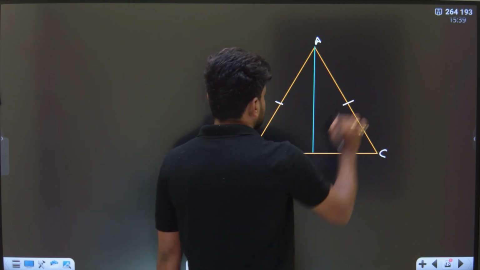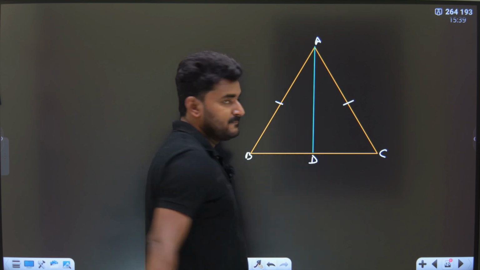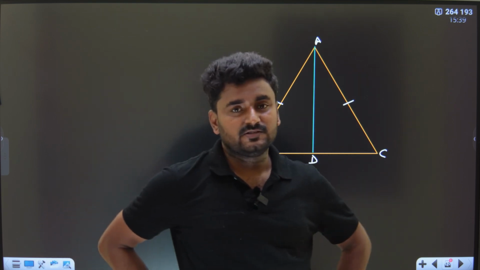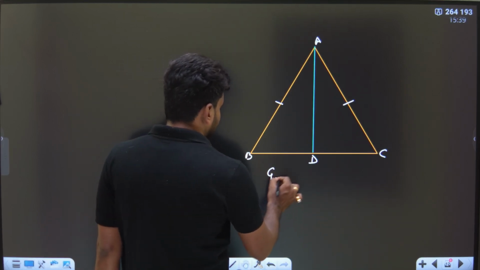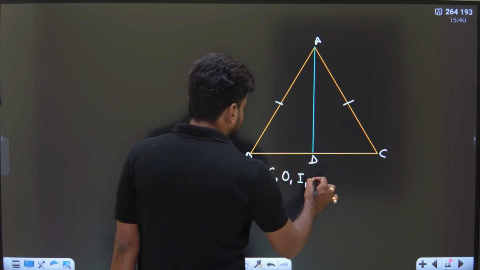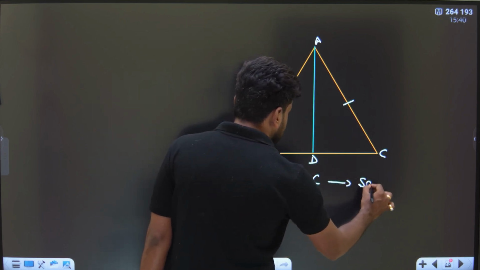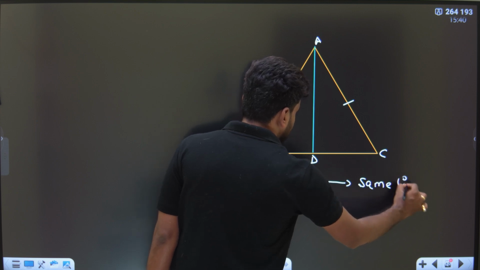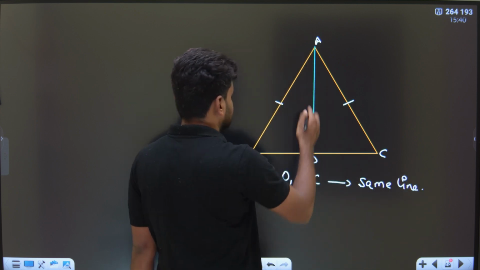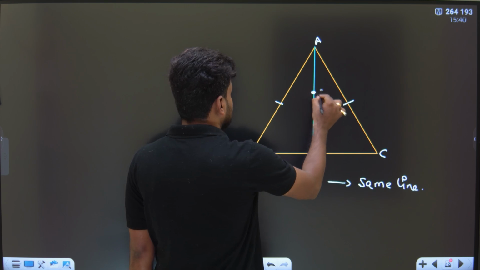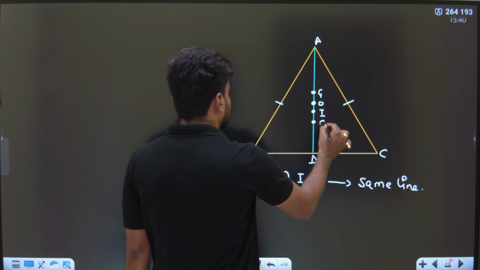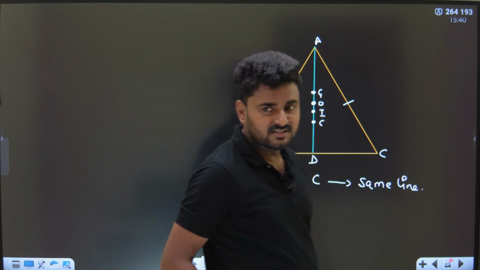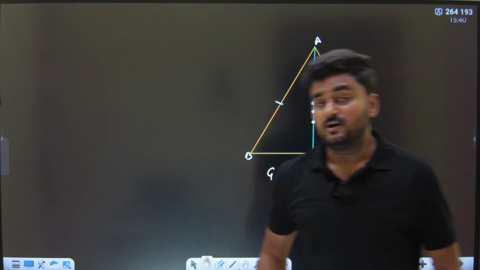Now suppose these sides are equal, and now this is your D. In the case of an isosceles triangle, the centroid, orthocenter, I and C will come on the same line. Here G, O, I, C will come on this same line. Understand? You will say how?